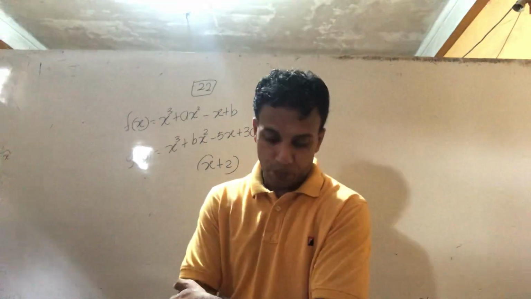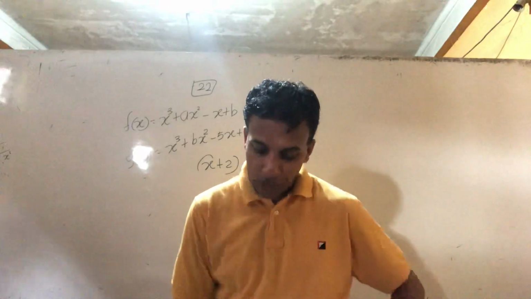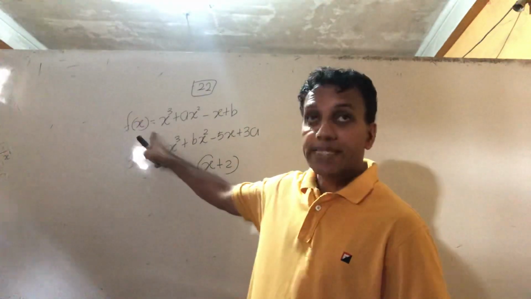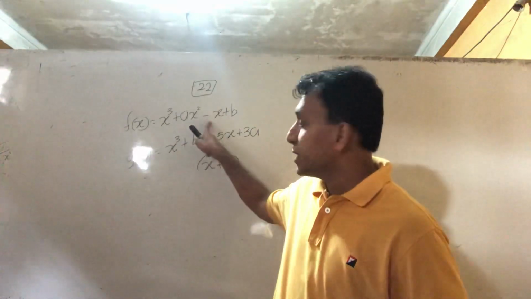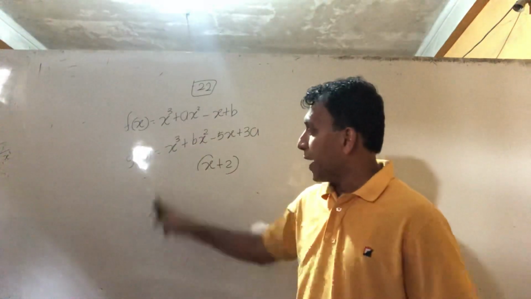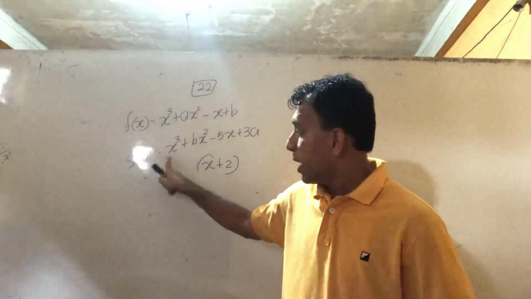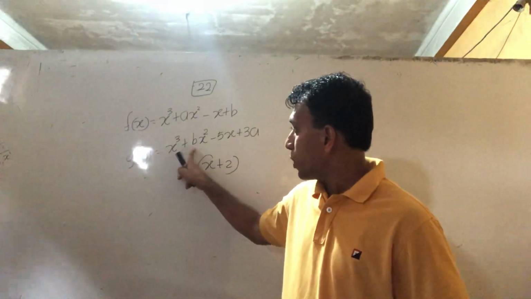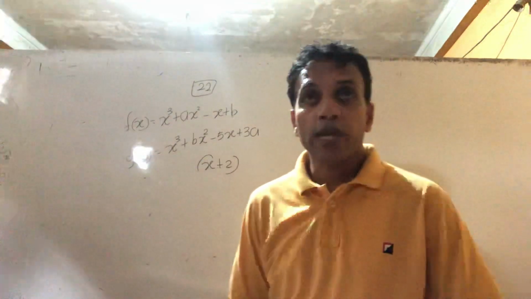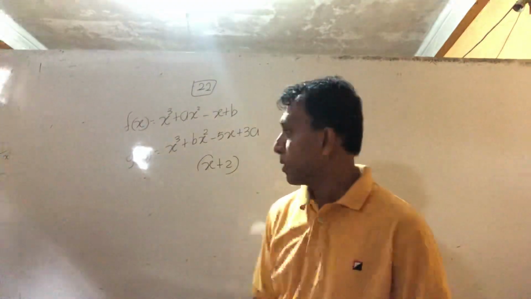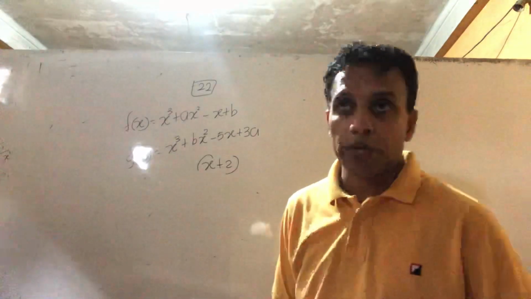Question 22. The expression f(x) = x cube plus ax square minus x plus b, and g(x) = x cube plus bx square minus 5x plus 3. There are two polynomials given, both cubic.